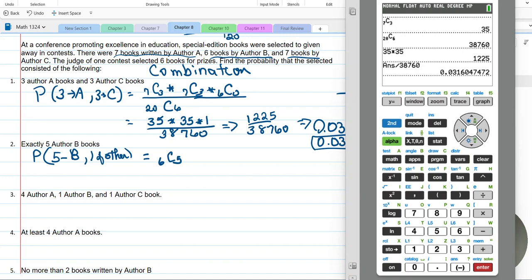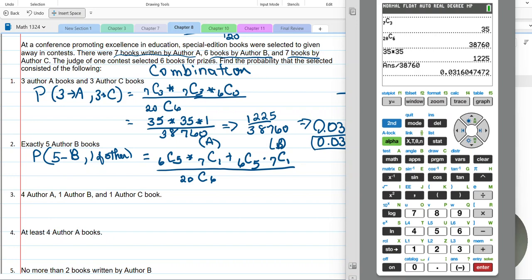Okay, let's do them separate so you'll see it better. 6, choose 5 times 7, choose 1, and that's from author A. Plus 6, choose 5 times 7, choose 1, which is author C. All over what we already have, which is 20, choose 6.